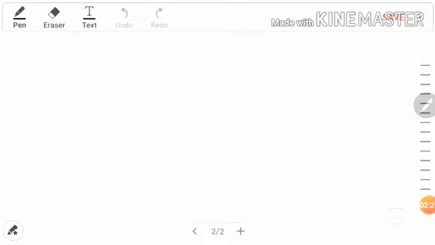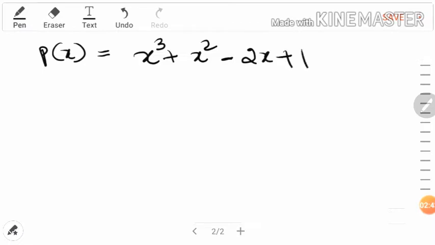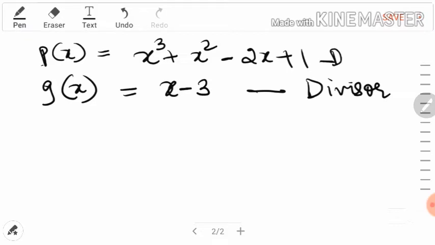Let's extend this idea to the division of polynomials. So we will take one polynomial p of x equal to, say, x cube plus x square minus 2x plus 1, and another polynomial in x as x minus 3. Now p of x and g of x are a way to write a polynomial in x. P in bracket x means a polynomial in x and g of x is just another polynomial.